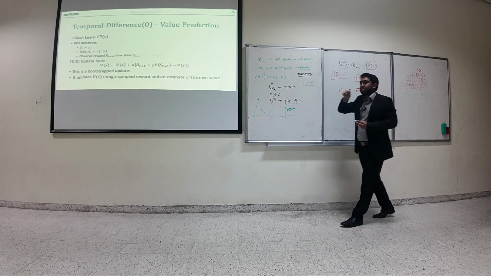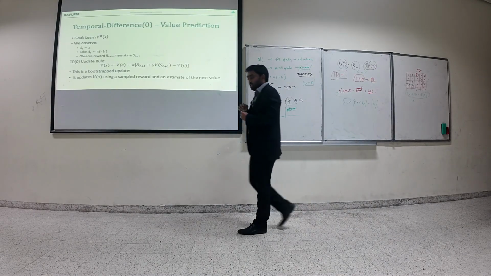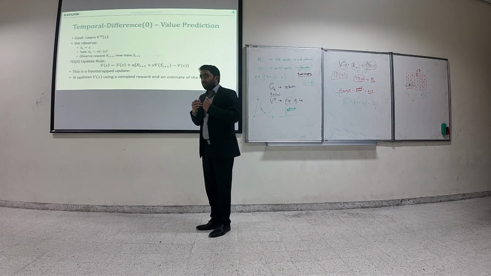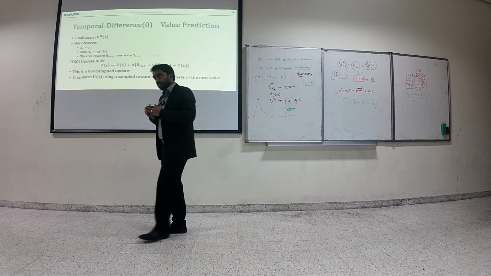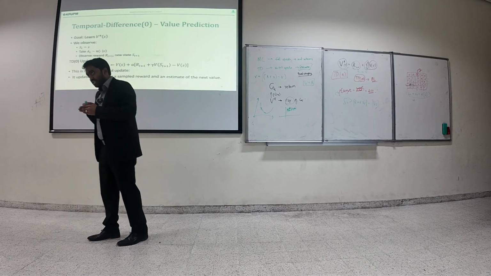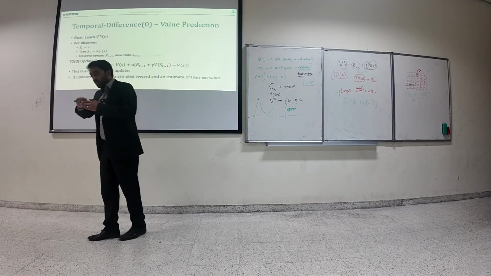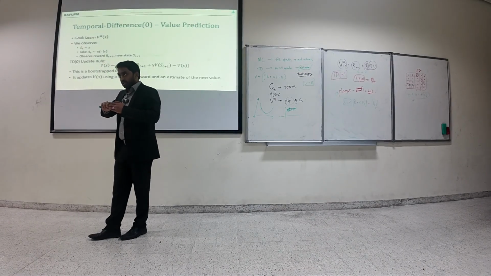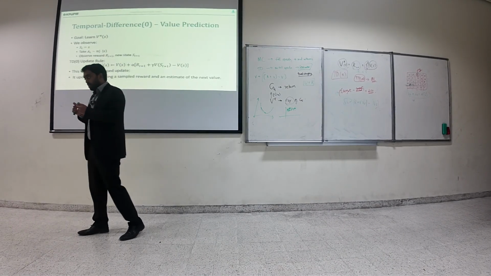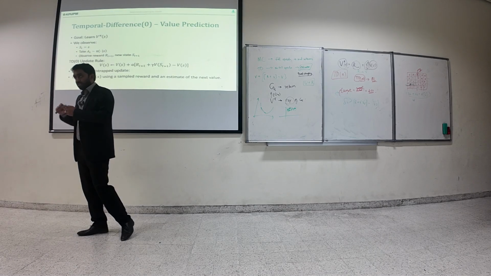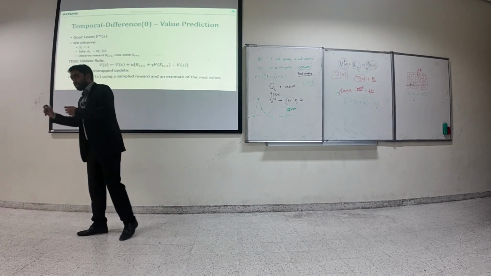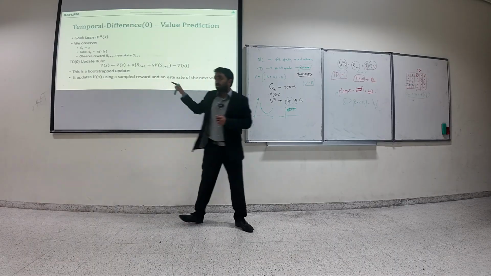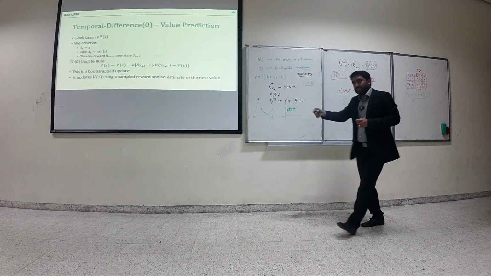There's a difference between T plus 1 and S plus 1. So what did I tell you about reward functions? The reward that you get is the reward when you move from state S to state S prime. So you have completed one time unit here. It's not an instantaneous or zero-time process, right? There is some time, and that time is T plus 1 here. Okay, it's not S plus 1, it's T plus 1. There's a difference.